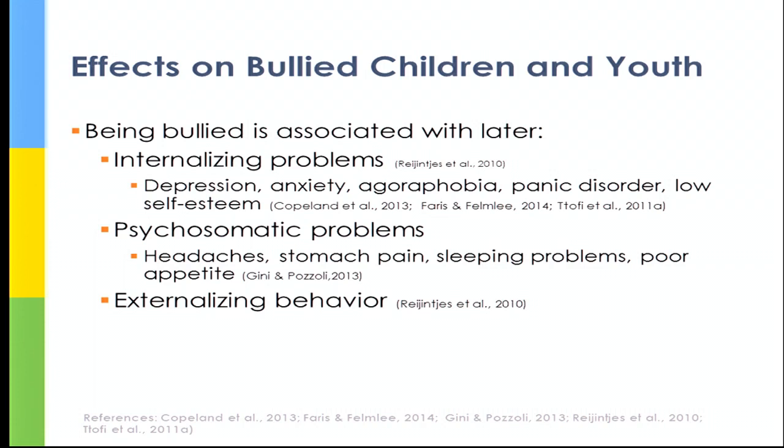Some longitudinal research has found that being bullied was associated with some later externalizing behaviors up to 2 years later, such as aggression or delinquency or misconduct, although a number of researchers have found conflicting results here. And finally, being excluded or picked on by peers has also been linked with later school avoidance and lowered academic achievement.